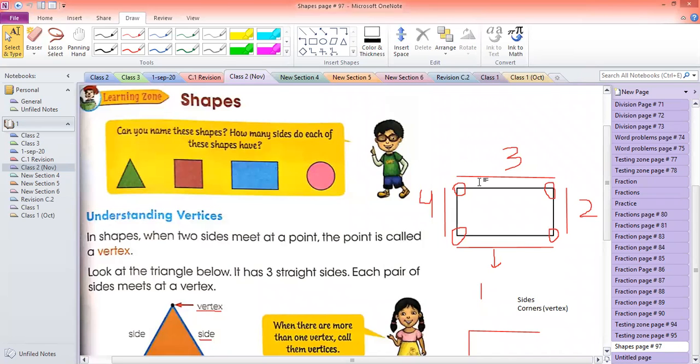Every 2D shape has a flat surface that is known as a side and a corner that is known as a vertex. The corner of any 2D shape is known as its vertex, and the flat surface of any 2D shape is known as the side.